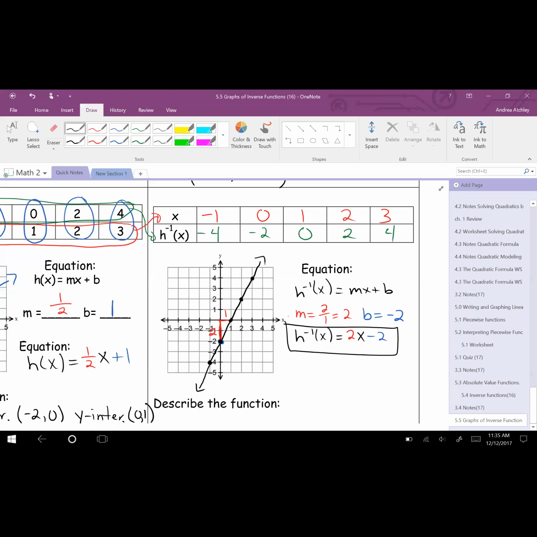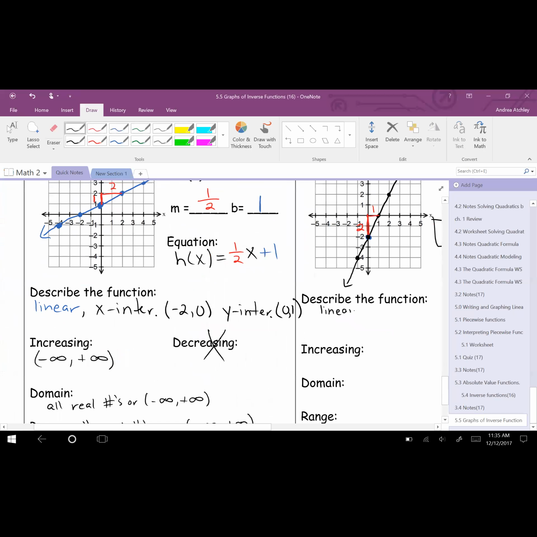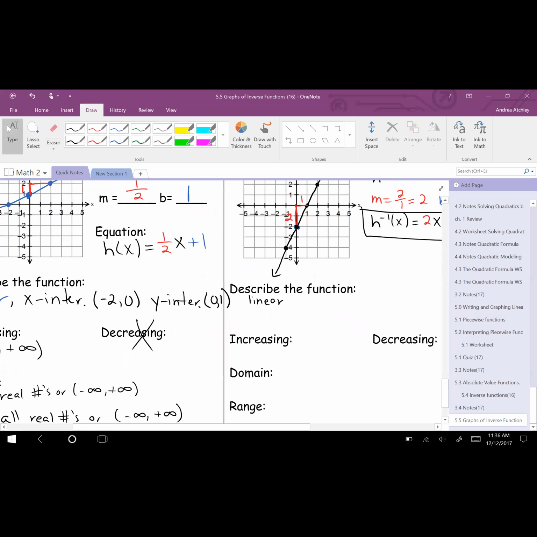Okay, now we're going to describe that function. Is it linear, class? Linear. My x and y intercepts now switch places.